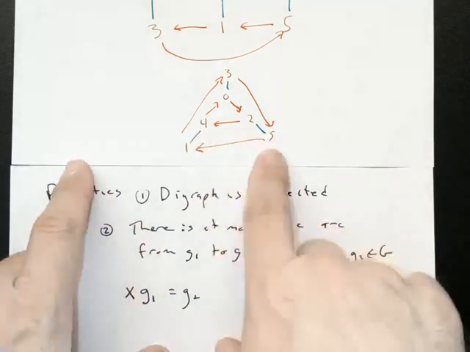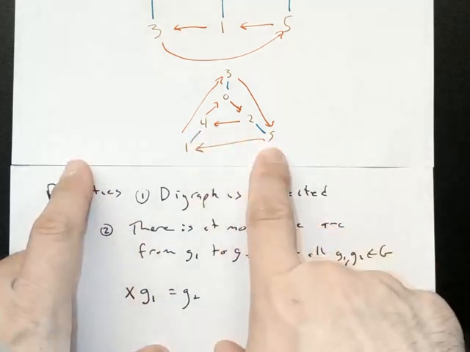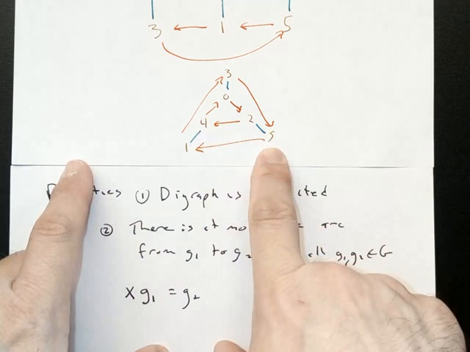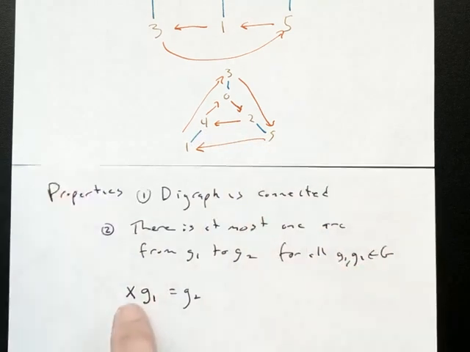There's no arc from 4 to 5, right? Because I can't solve something plus 4 equals 5 using 2 and 3. If there were more than one arc, then there would be 2 different solutions to this equation.